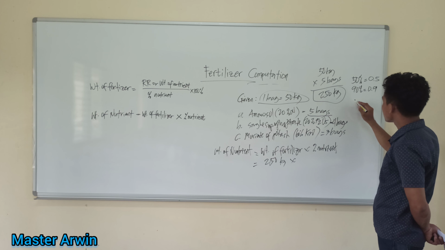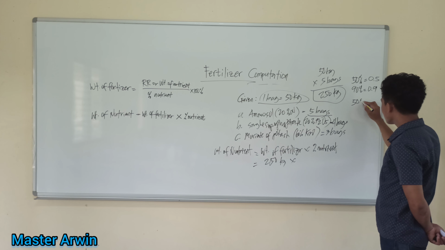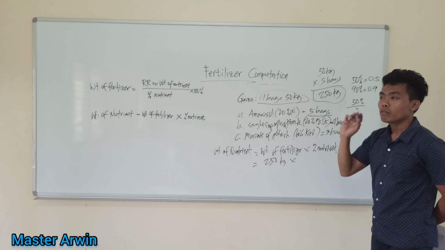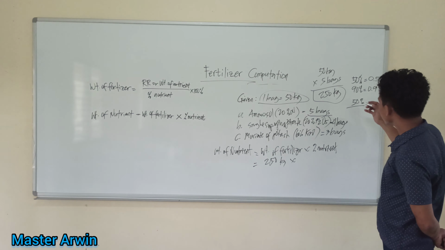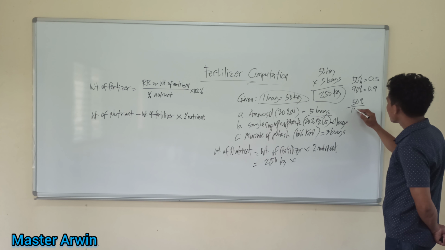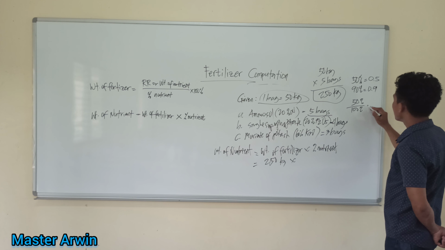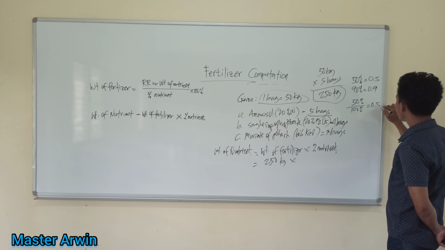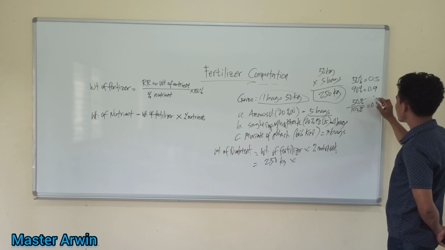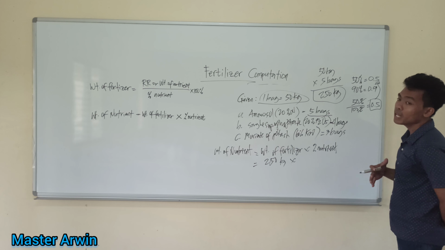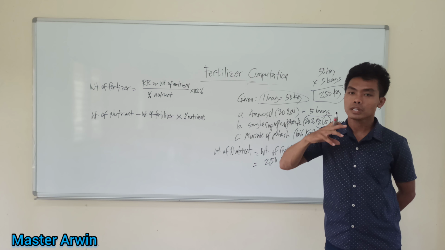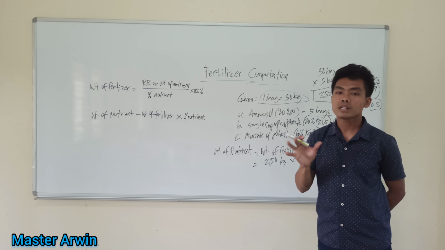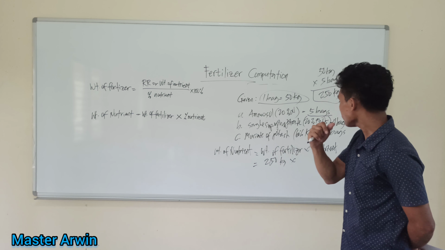It goes like this. 50% divided by 100%, that would be 0.5. Cancel percent. So the answer would be 0.5. So, meaning 50% is also equal to 0.5. They are the same.